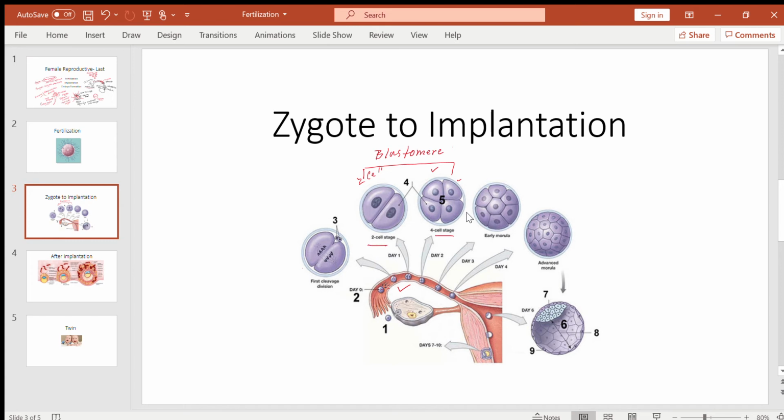Then it will form a solid ball of about 16 to 24 cells, like this, and that is called the morula.